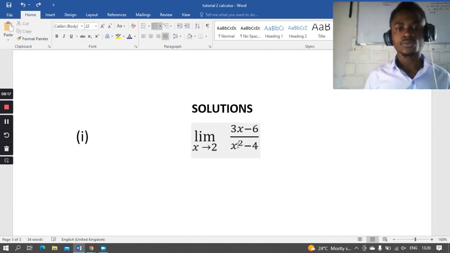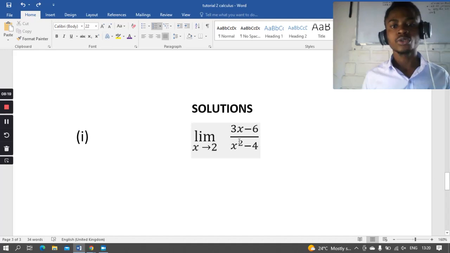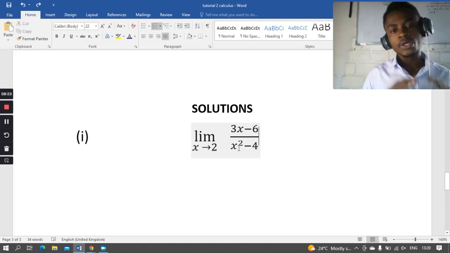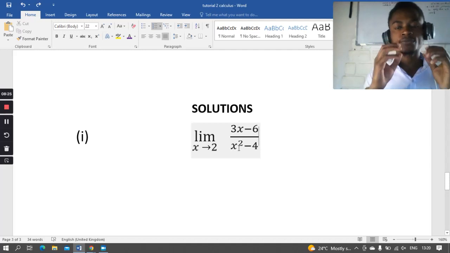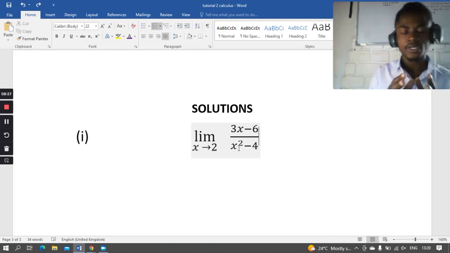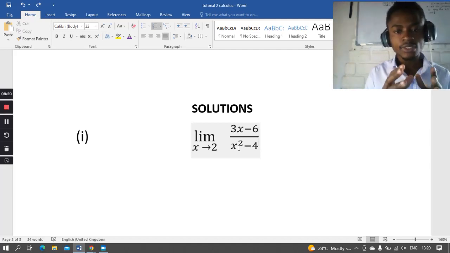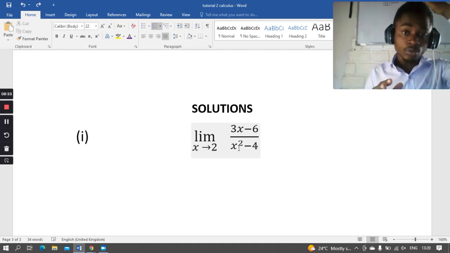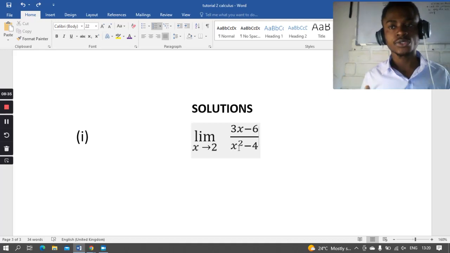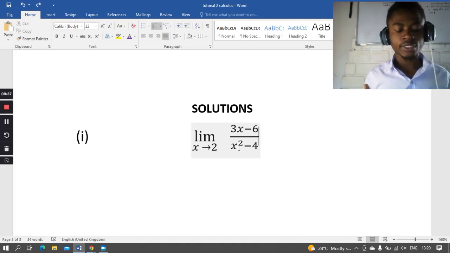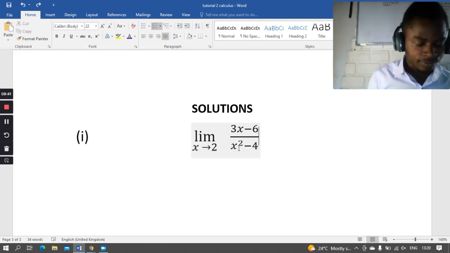In this case, what we are going to do is look at the denominator. When you talk of this type of limits, you just need to make sure that the denominator is not equal to 0. Why are we avoiding 0?